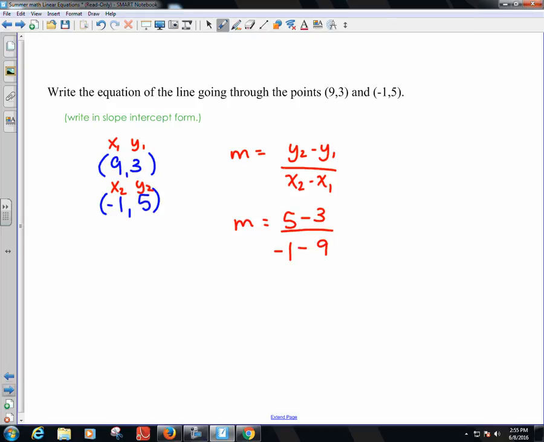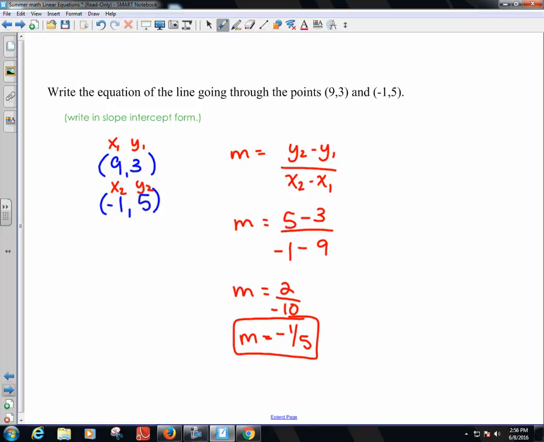So now we just need to finish this up. 5 minus 3 is, oh, that's not quite right. 5 minus 3 is 2, and then -1 minus 9 gives me -10. That is not my final answer. It's not in reduced format. So I'm going to say that my slope is -1 over 5.